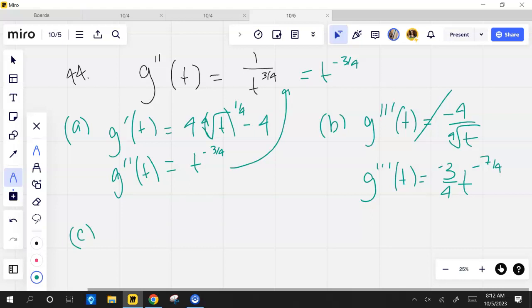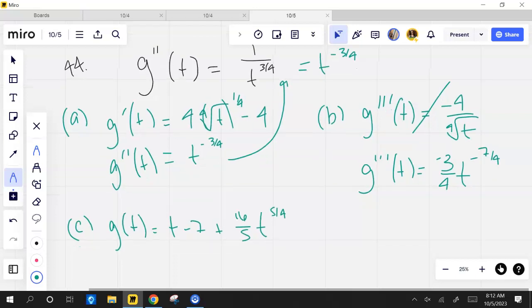And then C, could g of t be t minus 7 plus 16 over 5, t to the 5/4. Oh my gosh, gross.